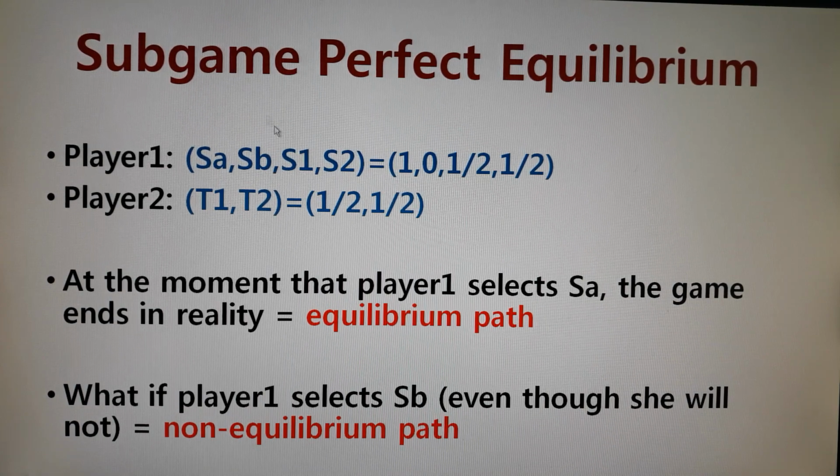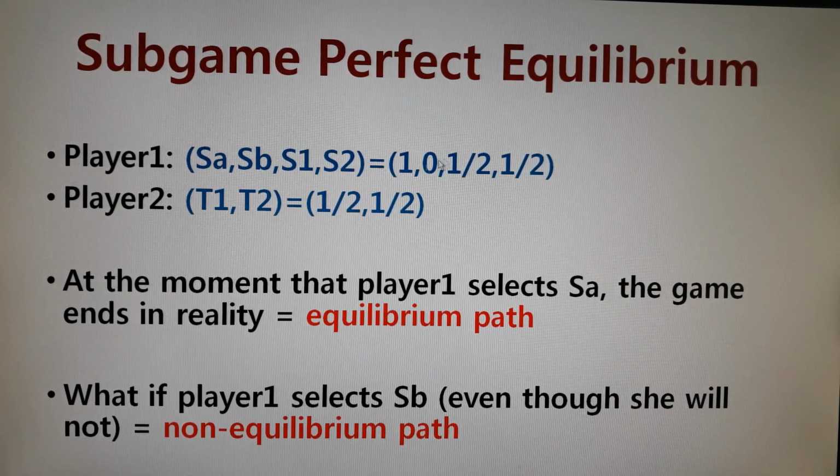Okay, that's why S1 and S2, T1 and T2 will be played half and half, half and half. It will never be played, but because they play half and half, the expected payoff from SB would be 1.5. That is why player 1 didn't choose SB. The probability of SB is 0.